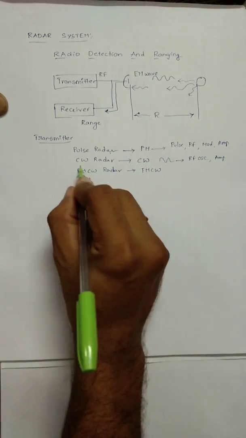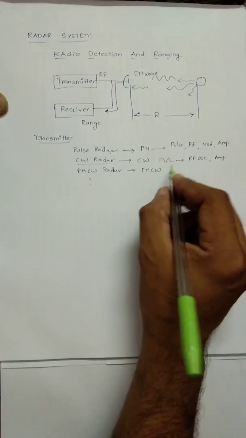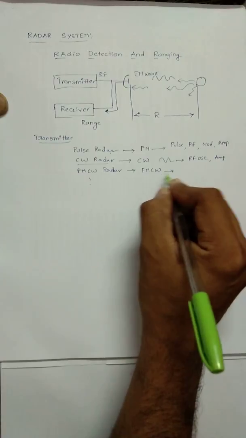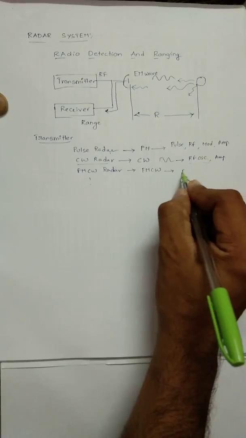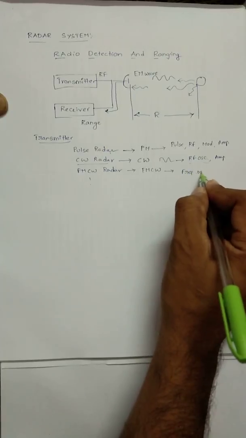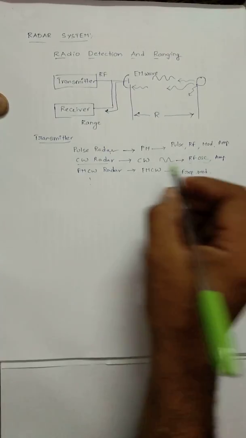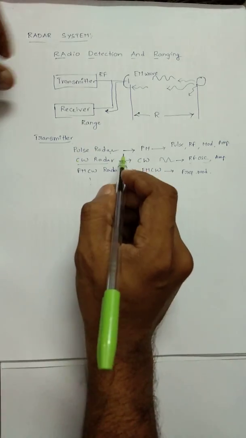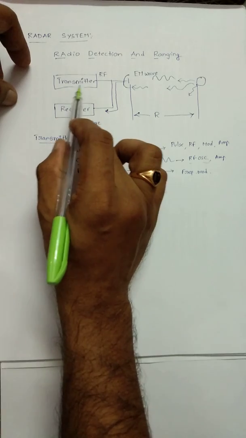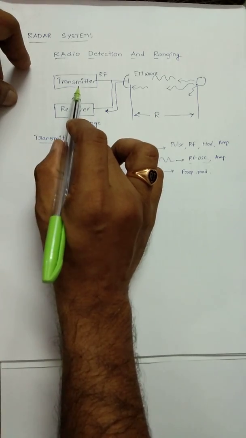These two are sufficient in the case of CW radar. In the case of FMCW radar, along with these two, we need to go for a frequency modulation technique. So depending upon the type of radar system, we use different types of blocks in the transmitter section.